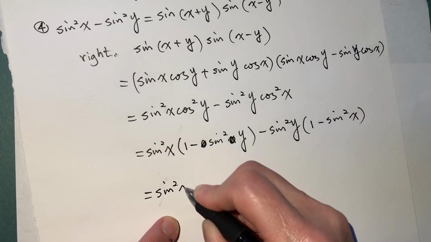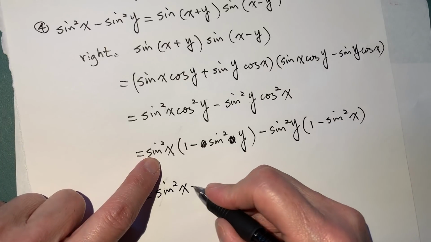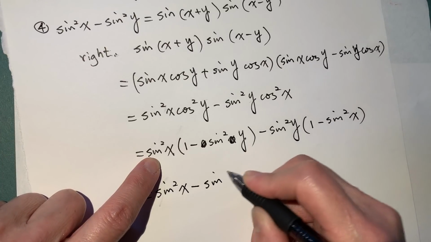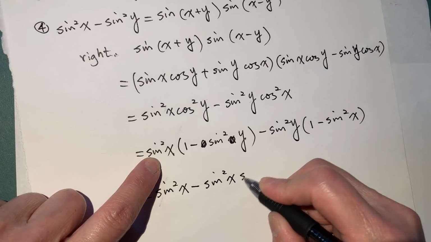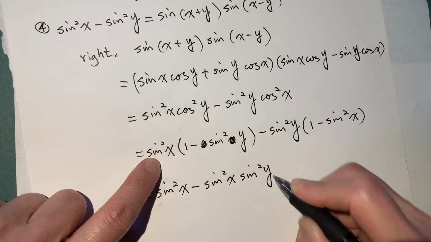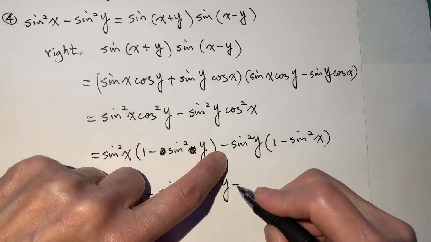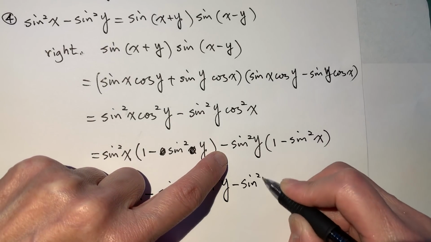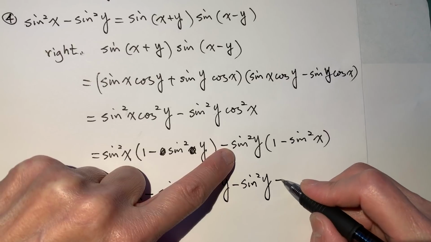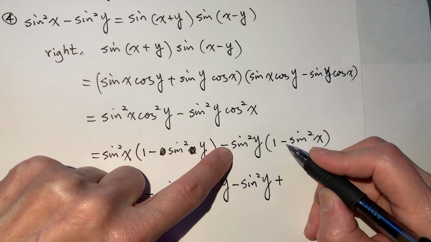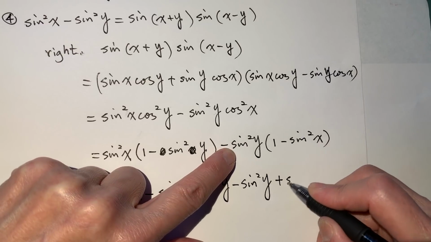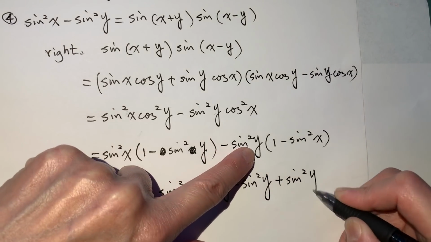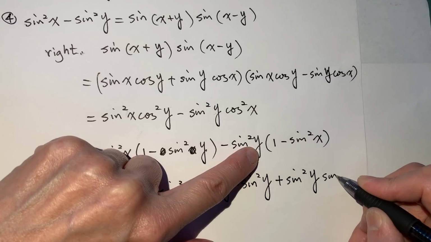Sine square x minus sine square x sine square y, minus sine square y, plus, negative make it positive, sine square y sine square x.